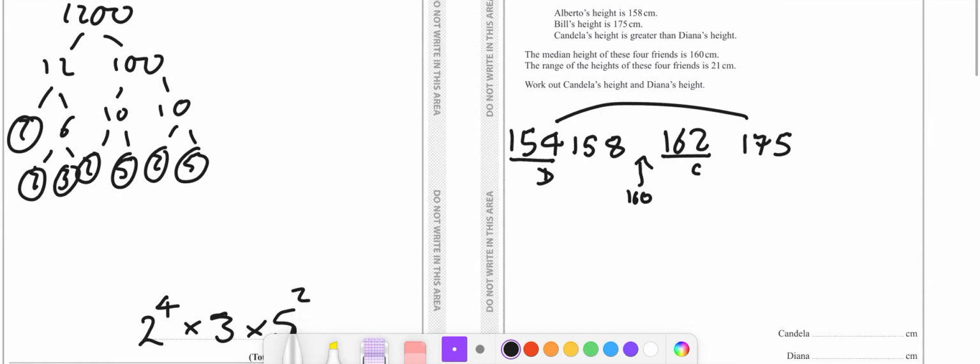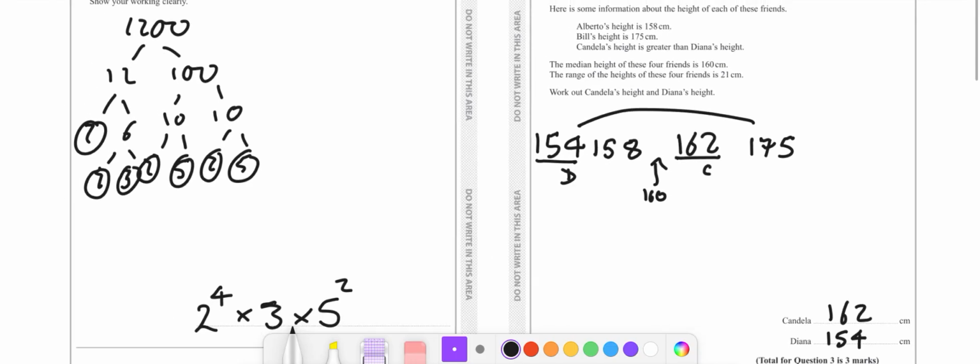So that means Diana's is 154 and Candela is 162. There we go.